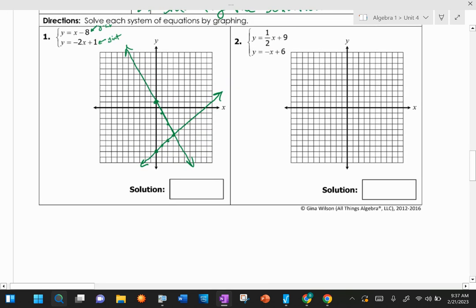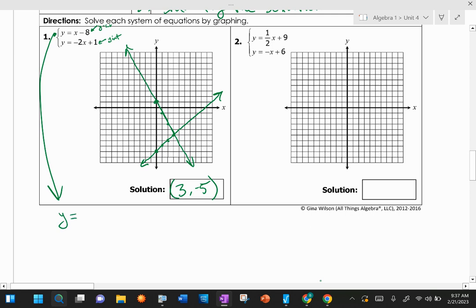So we said 3, -5. Now, going back to something that I talked about at the beginning, what is a way that we can check to make sure this is correct? We just go and plug it in. I'm going to take this first equation and do it down below. I've got y equals x minus 8.